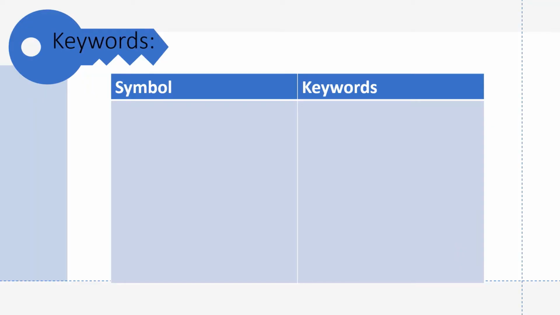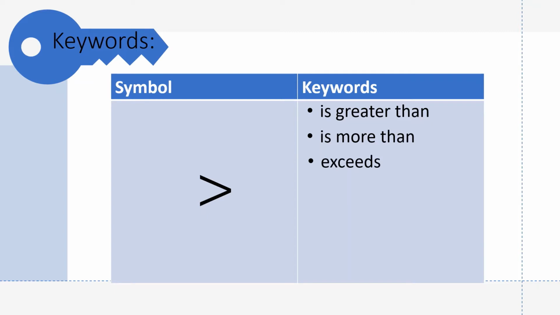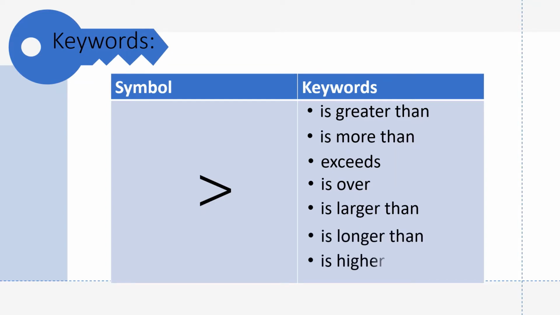To easily translate verbal statements into mathematical statements, we can use the following keywords. For the greater than symbol, the keywords are is greater than, is more than, exceeds, is over, is larger than, is longer than, and is higher than.